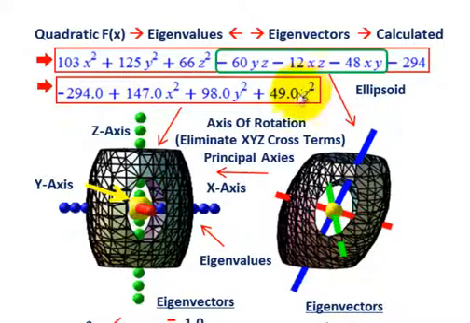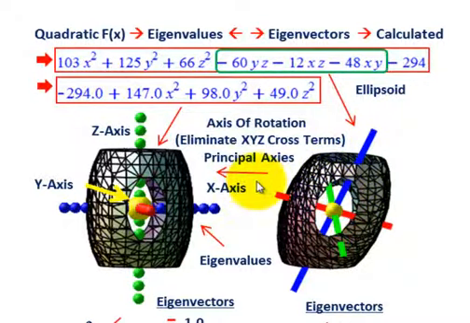So pictorially, what we're looking at here, we start out with this function where we show the x, y, and z axes, and they're really canted off at some angles. Along with it, the quadratic function we have here is canted off too. It's not symmetric to these axes, but it's canted off.